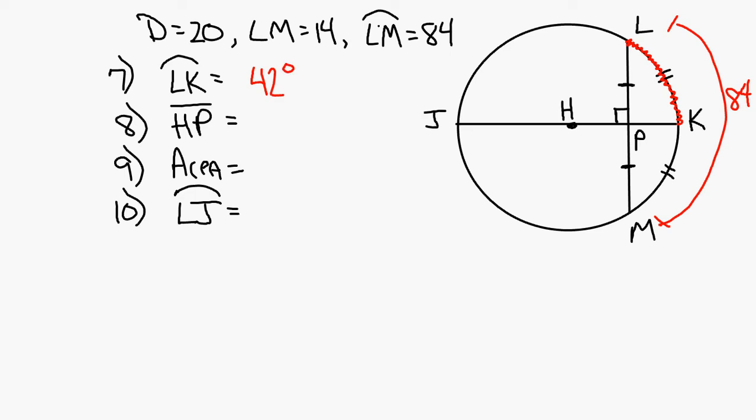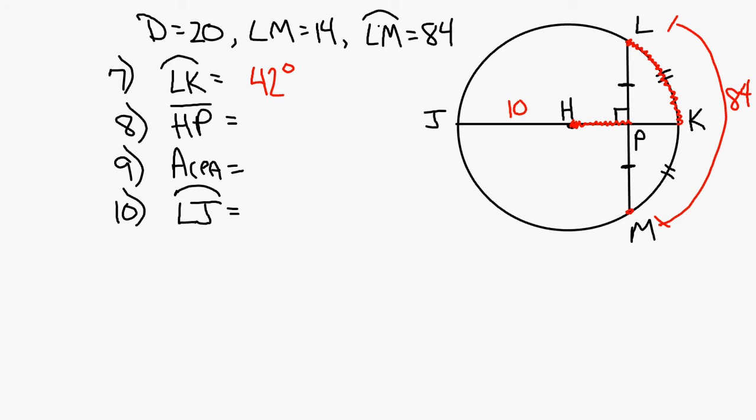H to P. Let's see. If this diameter is 20, then H to J is 10, and H to K is also 10. All right? So if you need H to P, you need this piece right here. If L to M is 14, then each of these pieces of the chord are 7.